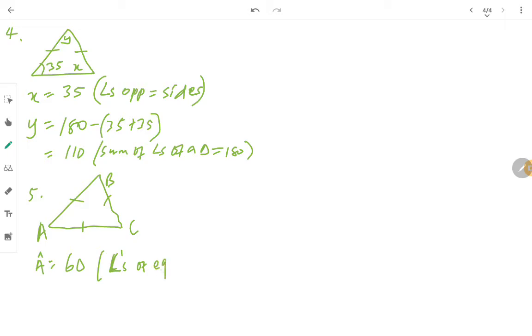This is an equilateral triangle because we are told that all the sides are equal, and that's why we are saying these are angles of an equilateral triangle. That's the reason behind we said that.